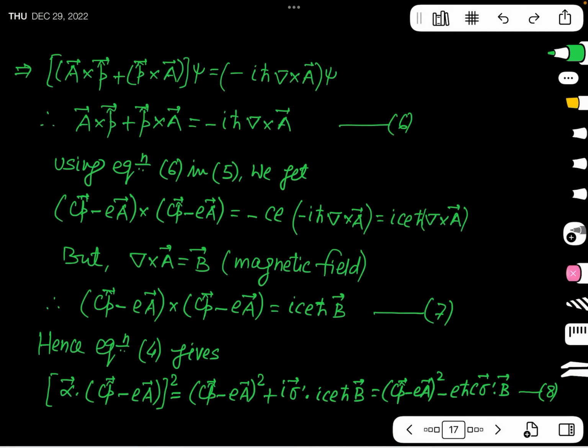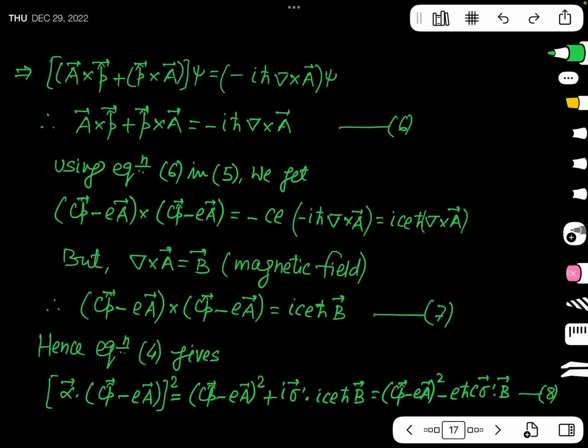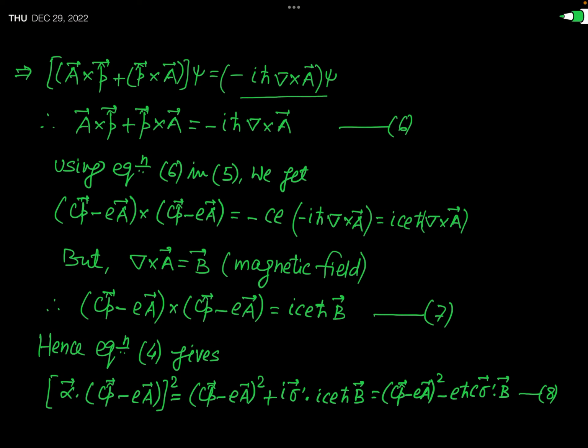This will be minus i h bar del cross A psi, okay, and hence you can say that A cross P plus P cross A is equal to minus i h bar del cross A. So I have cast this operator A cross P plus P cross A in this form.